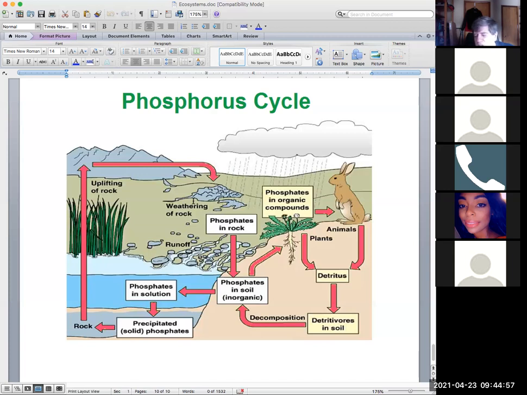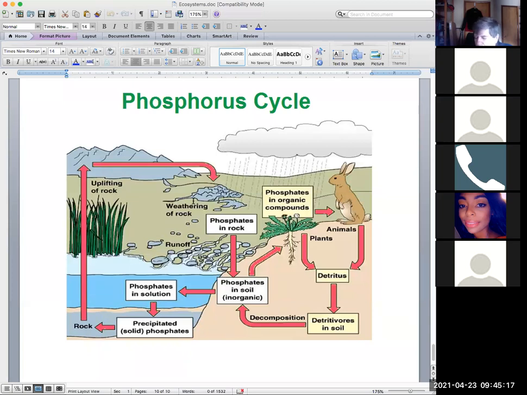So keep in mind, these are just a few examples of biogeochemical cycles. If we had the time, we could go through, there's a sulfur cycle. There's a cycle for literally all the elements that are found in living organisms.